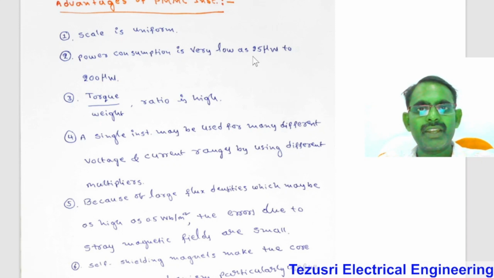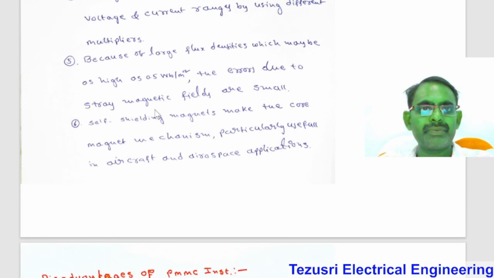The power consumption is very low, typically 25 microwatts to 200 microwatts. The frictional error index, the torque to weight ratio, is very high in the PMMC instrument. A single instrument may be used for many different voltage and current ranges by using different multipliers. That is also one advantage.